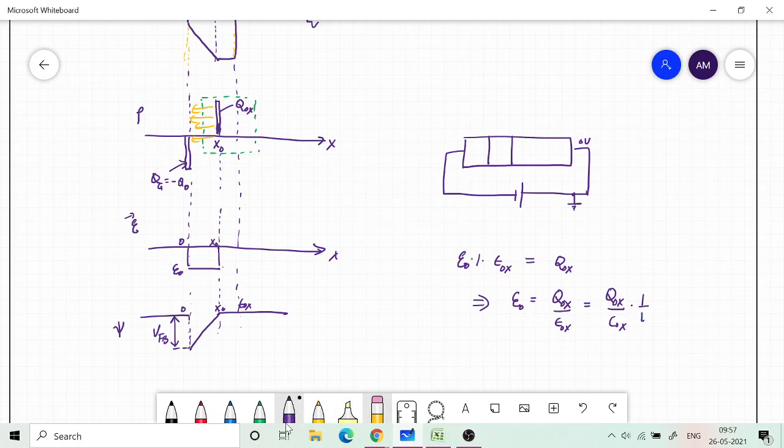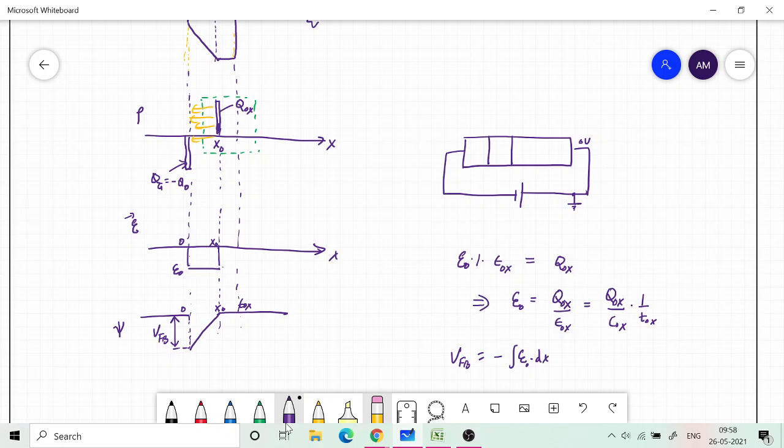Into 1 by Tox. So I can write it this way. Now if I want to find out this voltage, that is my flat band voltage, I will just take the magnitude, flat band voltage. So it's basically integral E naught dx.